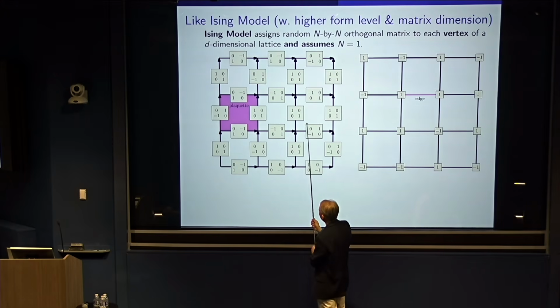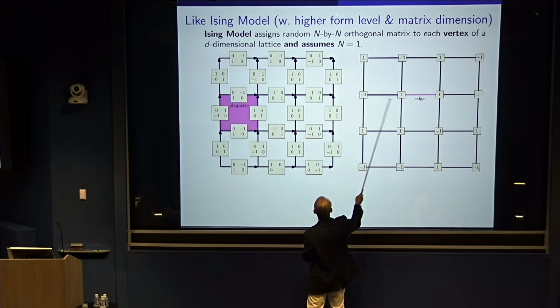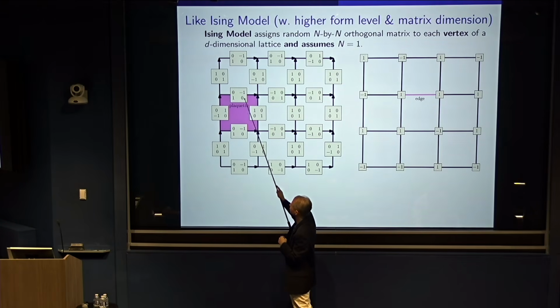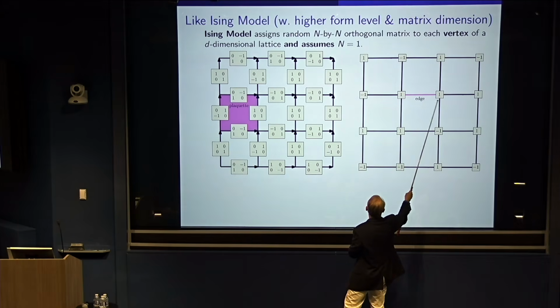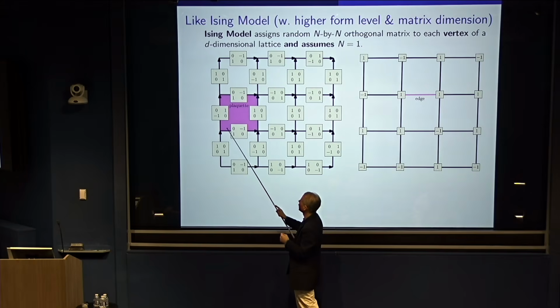This gauge theory model is exactly the same, except that you go one form level higher. So you replace edges with plaquettes. So instead of your matrices living on vertices, your matrices live on edges. And instead of wanting the matrices along an edge to be compatible, you want the matrices along a plaquette to be compatible. But in both cases, compatible means the product is close to the identity.